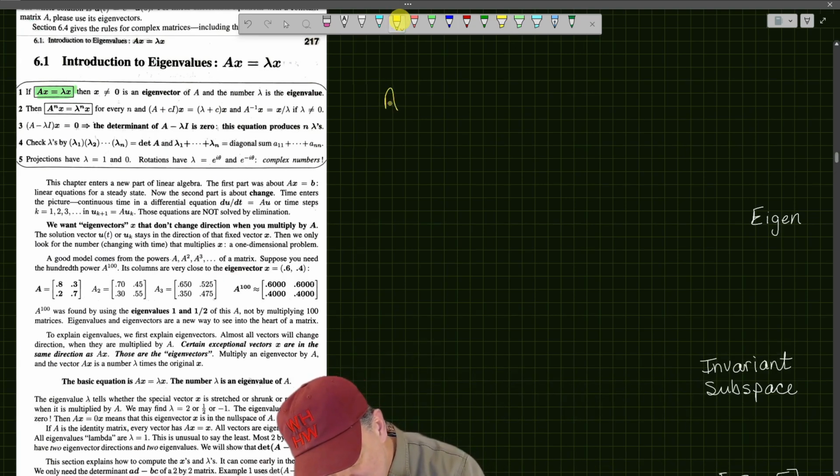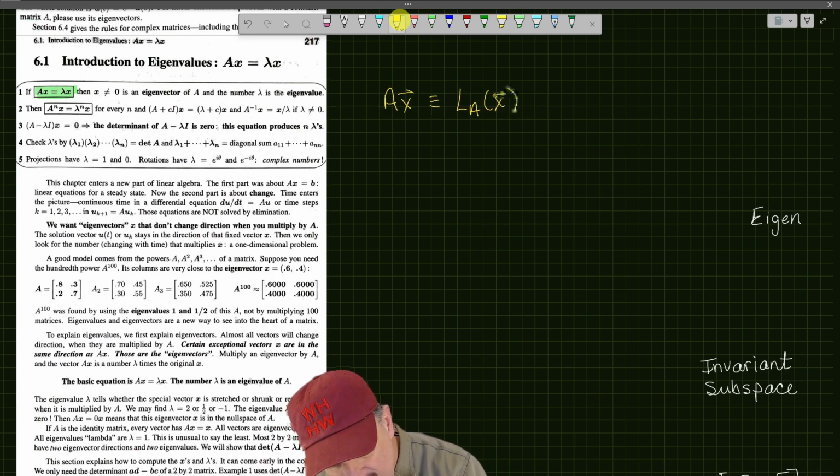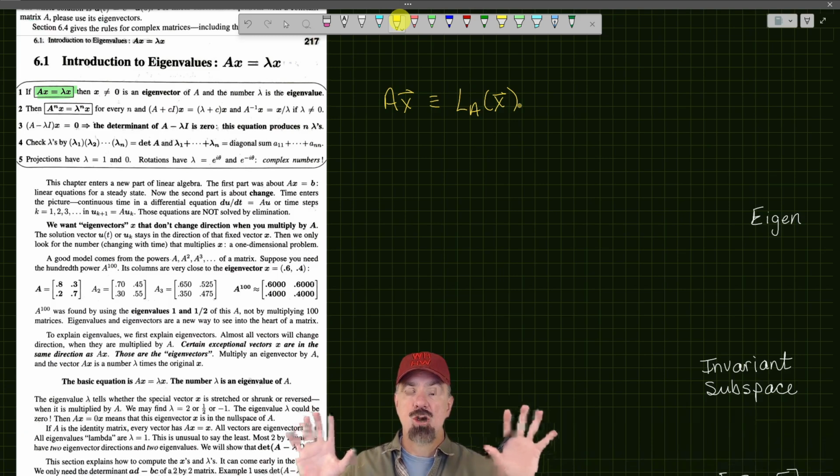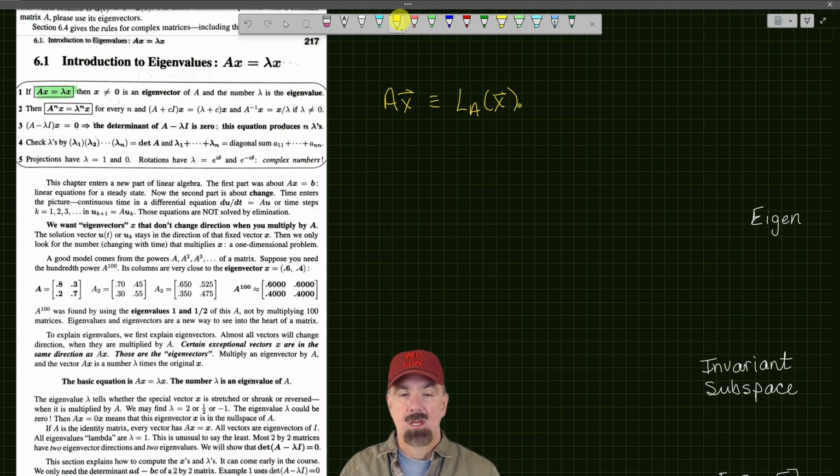Remember, A times x is the same thing as the linear transformation of applying A to the vector x. This is where the whole picture of the 4 fundamental subspaces comes from. We are mapping Rn to Rm. We're mapping into the column space of A. And we've discussed this repeatedly, and we're just coming back to this again, and we'll talk about it some more when we look at what the eigenvalues and eigenvectors really are.